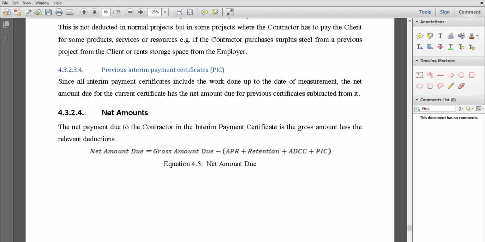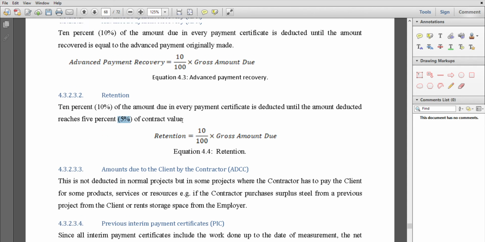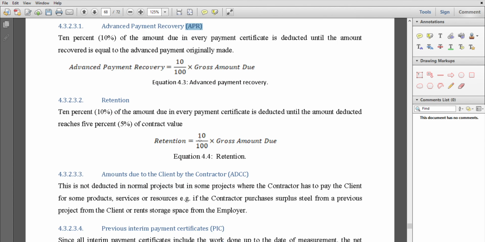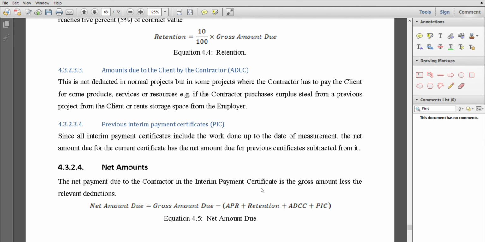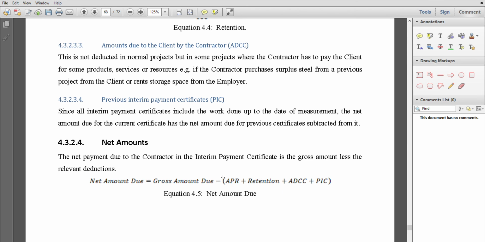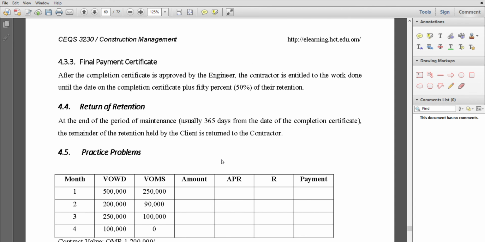It will be like this: the net amount due means the gross amount minus the APR, which is advance payment recovery, minus retention, minus ADCC, which is amount due to the client by the contractor, and minus PIC, previous interim payment certificate. All these will be deducted to get your net amount due.